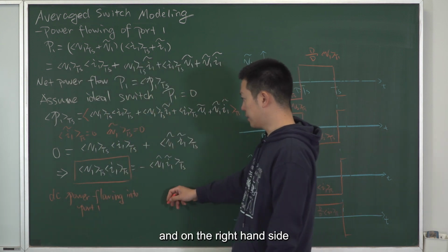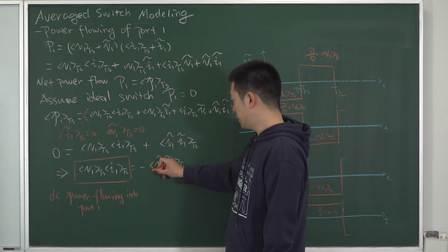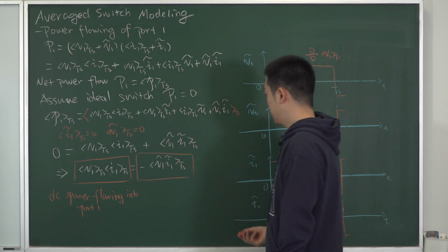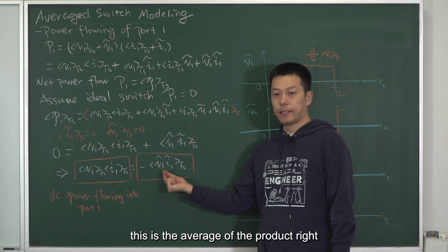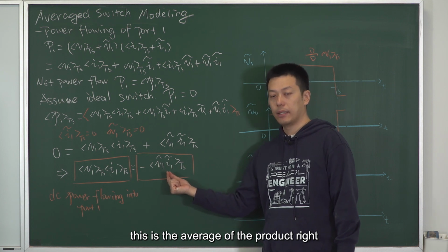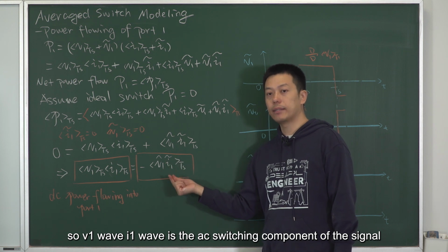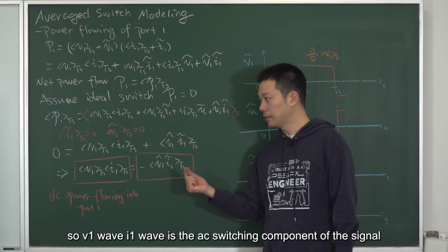And on the right-hand side, this is the average of the product, right? V1 wave, I1 wave is the AC switching component of the signal.